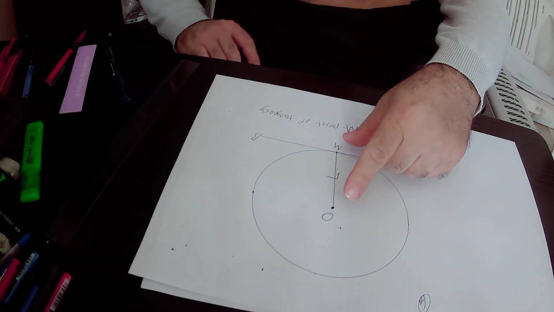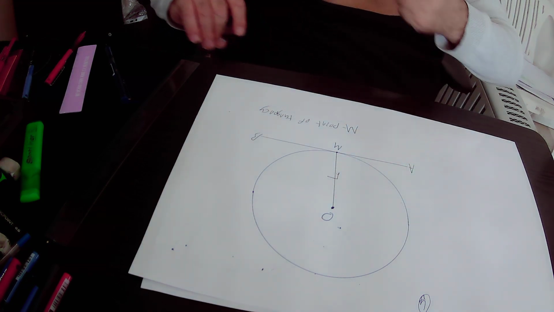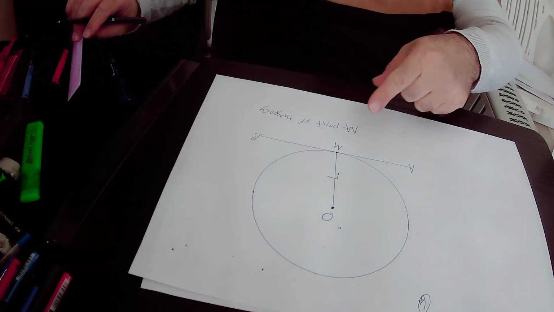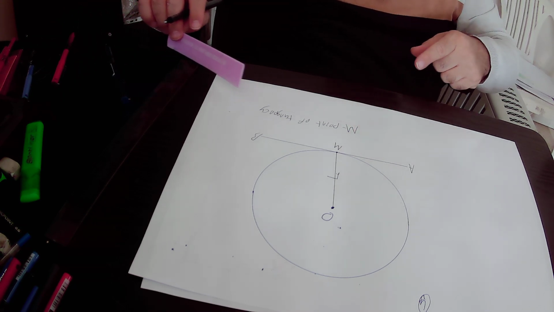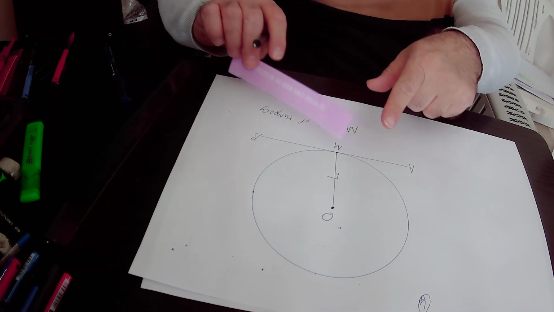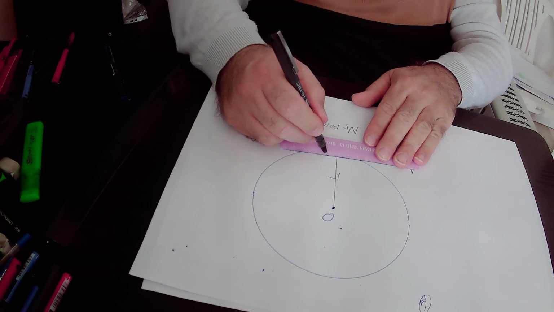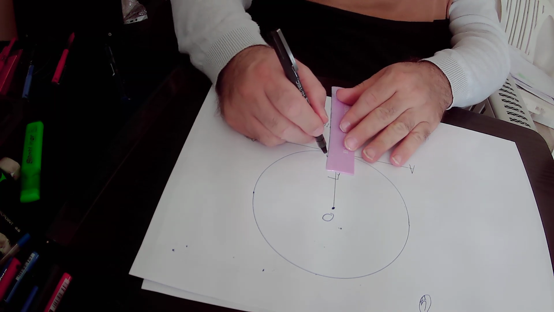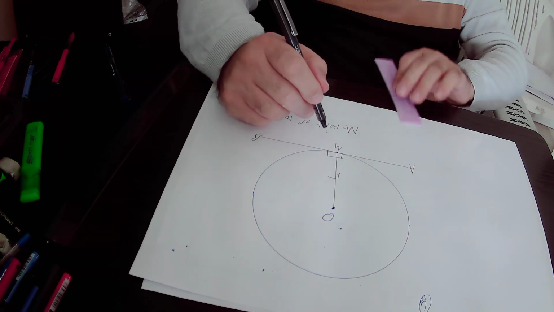This radius OM is drawn to point M, the point of tangency. Therefore, the tangent AB is perpendicular to this radius. That is to say, this angle equals 90 degrees and this angle also equals 90 degrees.